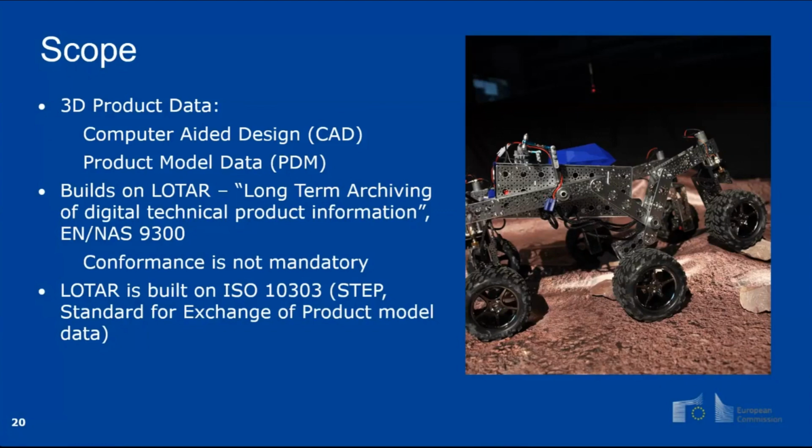An important point here is that conformance to LOTAR is not mandatory within the e-archiving CITS. So you can have a CITS package which is valid and conformant, but the submitter has not necessarily been audited to EN 9300.